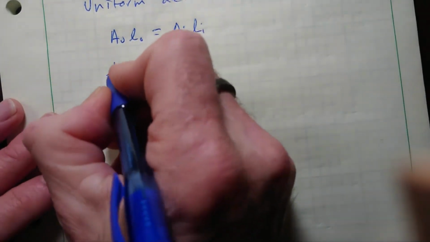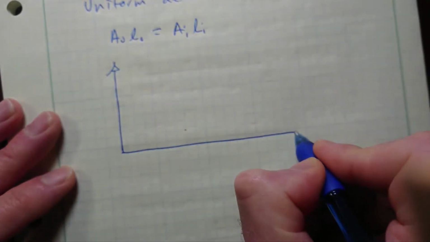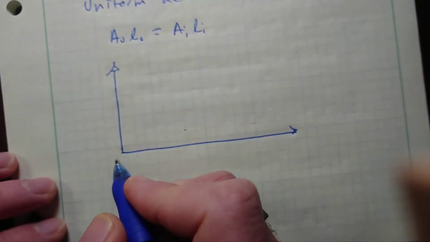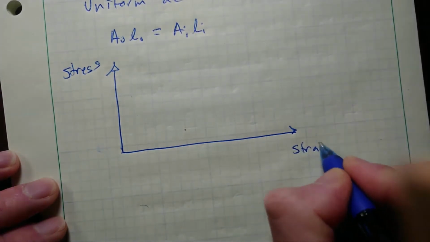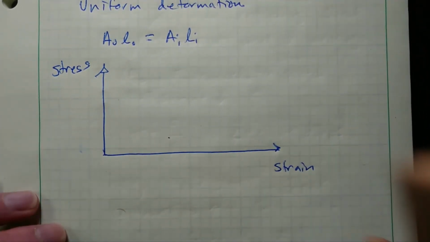Okay, and so schematically the way these would actually look on a stress strain diagram, I'm just going to write stress here and strain here because I'm going to plot two different definitions of those.